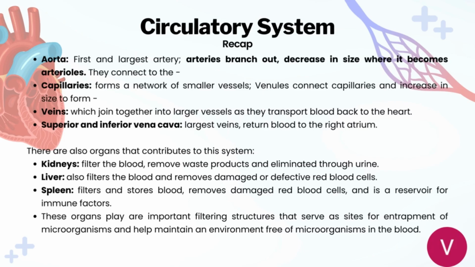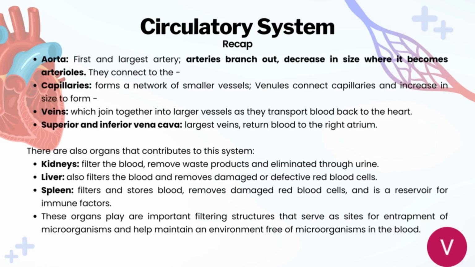In addition to the heart and vessels, several organs play crucial roles in the circulatory system. The kidneys filter the blood, removing waste products and eliminating them through urine. The liver also filters the blood and removes damaged or defective red blood cells. The spleen filters and stores blood, removes damaged red blood cells, and acts as a reservoir for immune factors.